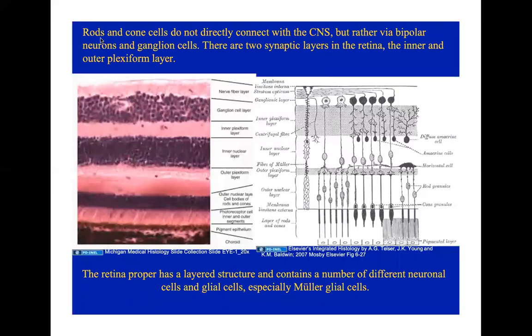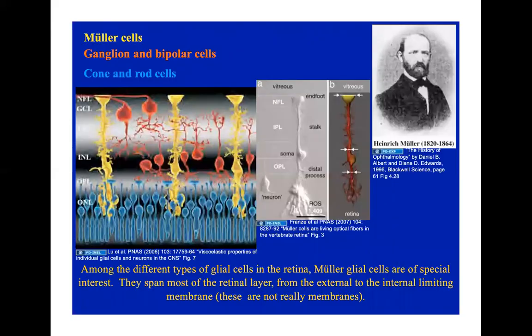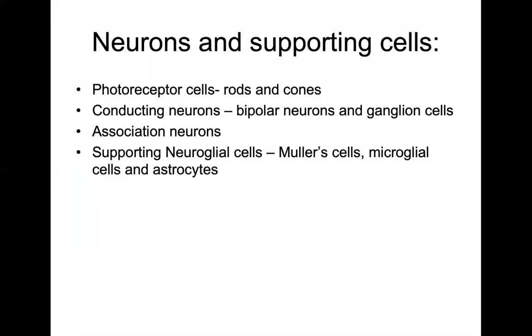Now, remember that the rods and cones usually connect with the CNS via the bipolar neurons and ganglion cells. These are contained in your outer plexiform layer. These are the other layers of your retina, containing some of the cells: your Muller cells, the ganglion and bipolar cells, and your cones and rods.